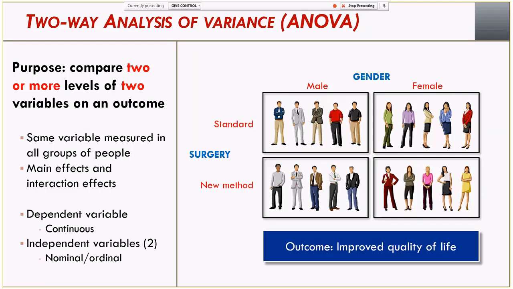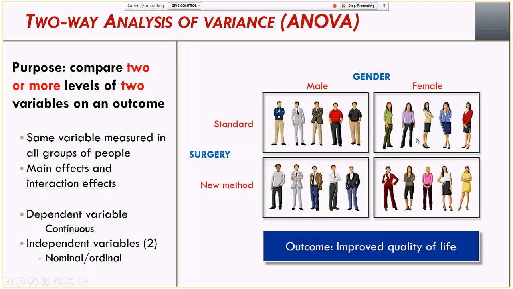So maybe there's no differences between males and females on the surface, maybe there's no differences between the two surgical methods on the surface, but when you look at the interaction of the two, there could be a significant difference. So it could be, for example, that females undergoing the new method tend to have significantly higher quality of life relative to everybody else.